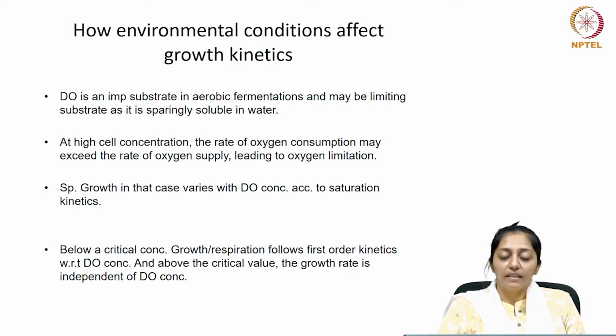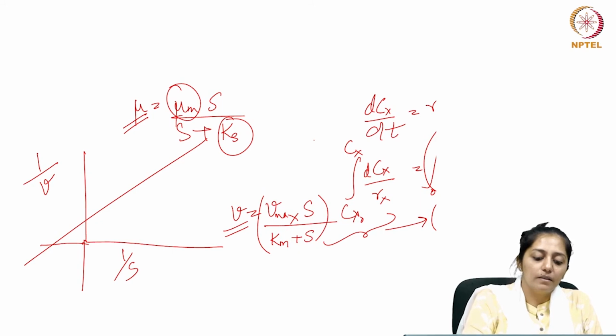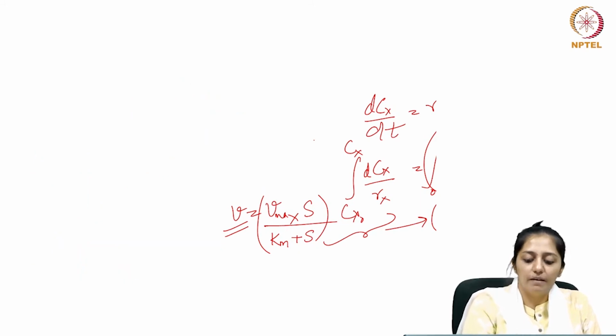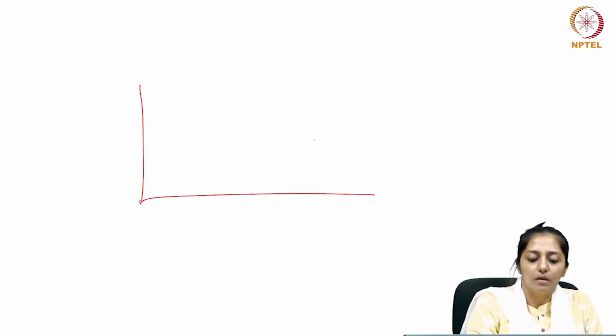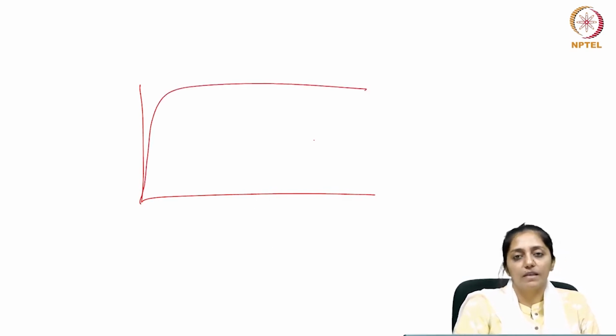Specific growth rate in that case starts getting affected by the dissolved oxygen concentration as a saturation kinetics, which means that rather than the substrate, which is readily available, such as carbon, nitrogen and medium components, if it is oxygen limited, it will follow saturation kinetics in terms of oxygen concentration in the medium.